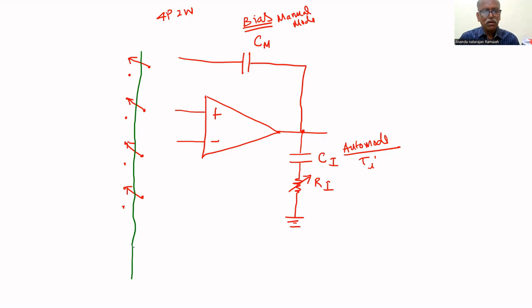If you operate up and down, all can be transferred from manual mode to auto mode simultaneously. In that, this capacitor is connected.